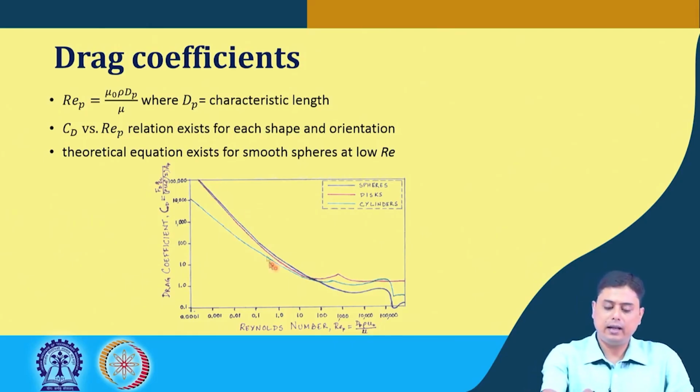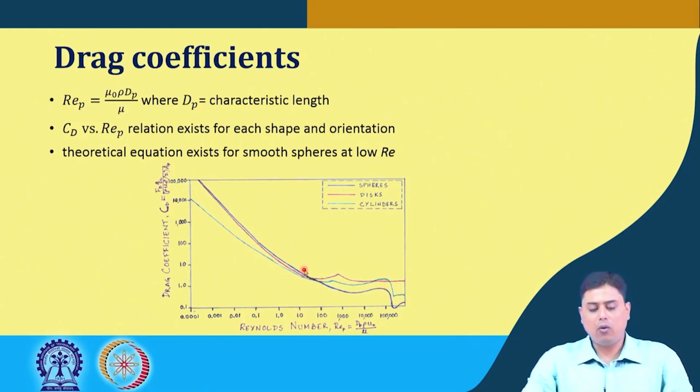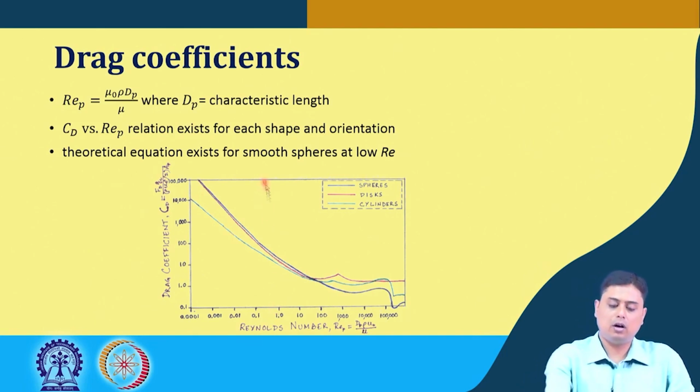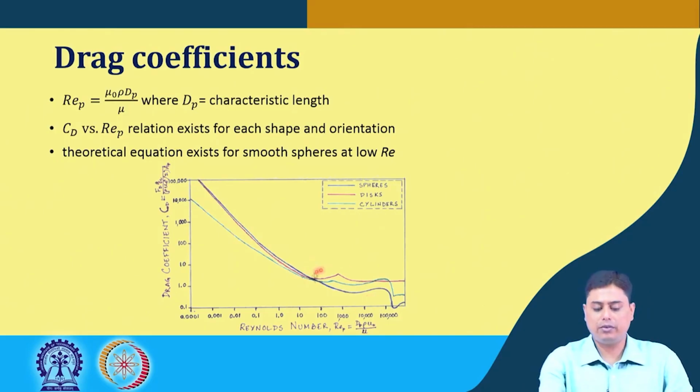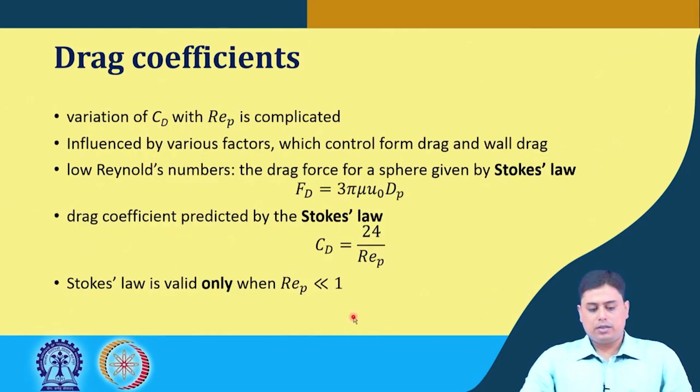We can see how complicated this relation can be, but before a certain value of Reynolds number, it is pretty well defined for these shapes. But when it goes beyond the range of more than 10, the scenario becomes more and more complicated. So this variation of CD and REP is very complicated compared to the relation of friction factor versus Reynolds number.